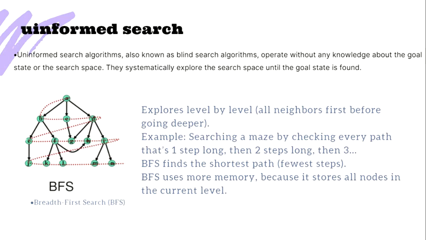It explores level by level. For example, searching a maze by checking every path that's one step too long, then two steps too long, then three, etc. BFS finds the shortest path with the fewest steps. BFS uses a lot of memory because it stores all nodes in the current level.